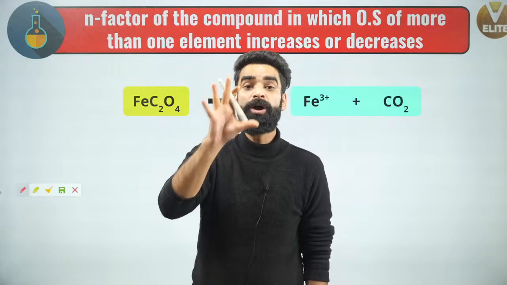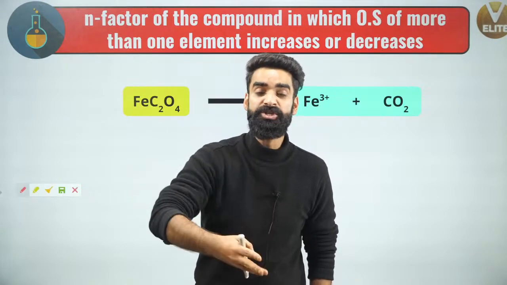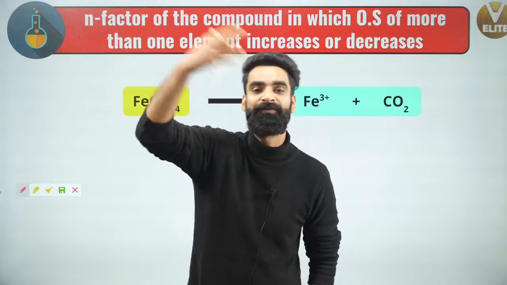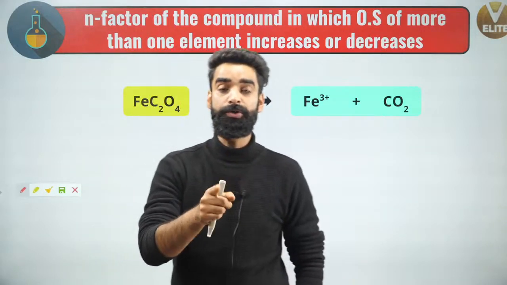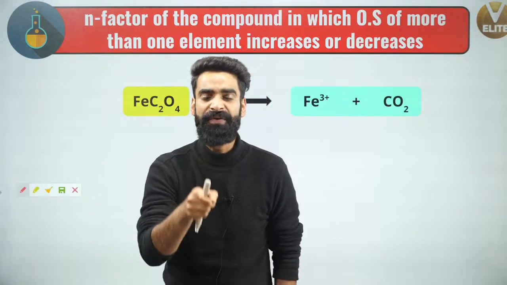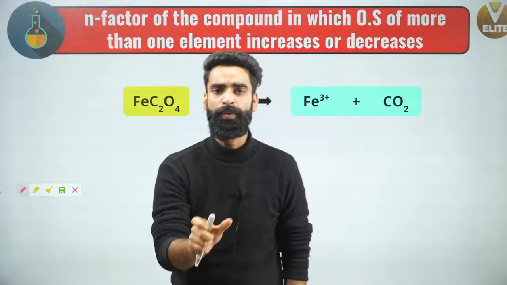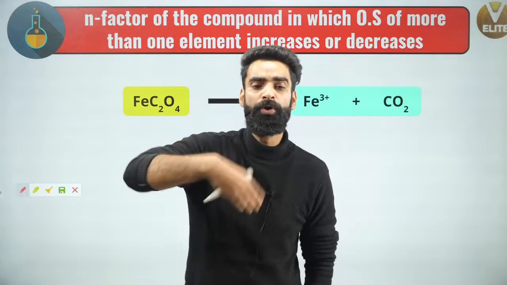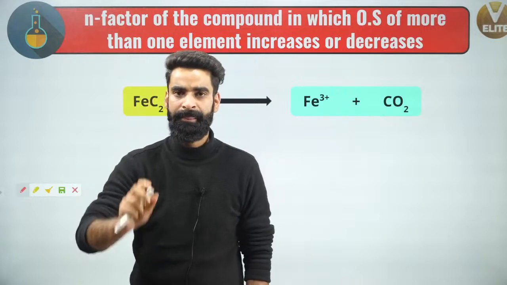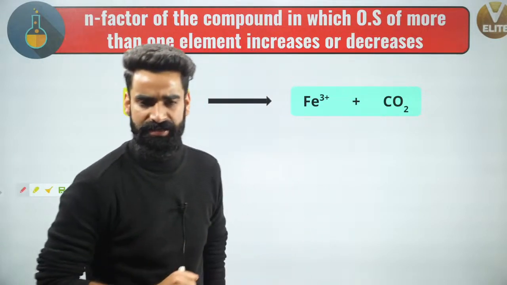Now we are going to talk about those substances in which the oxidation state of more than one element will change. Now I'll show you how we calculate the n factors of the substances in which the oxidation state of more than one element will change. And in this category right here, what do we have?